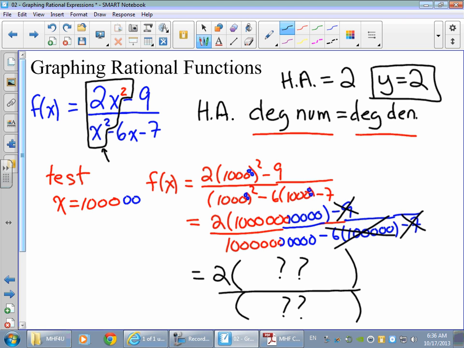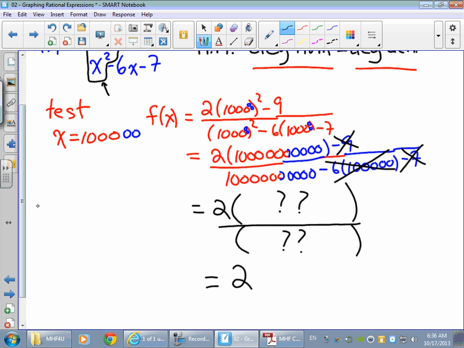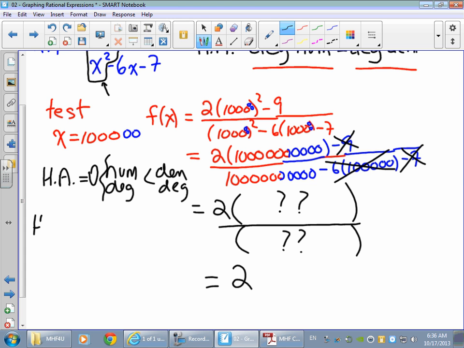Okay, so those are the only 2 horizontal asymptote cases that we need to be concerned with. Numerator degree less than denominator degree, you get a horizontal asymptote of 0. That is very poor writing.